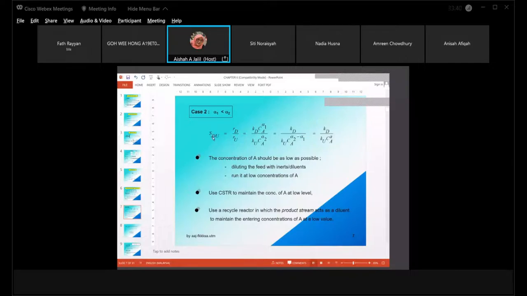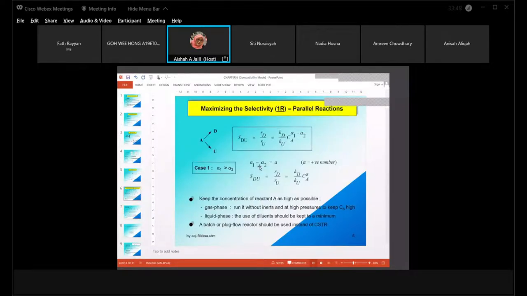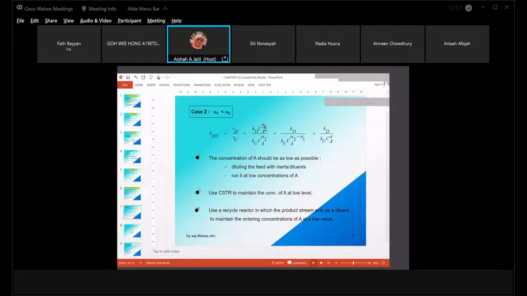So when you want the S to be maximized, you just put alpha 1 minus alpha 2 equal to a. So RD over RU becomes like this. So now the A is at the bottom, okay? You can see this is inverted. When you want the S larger, the A must be smaller.